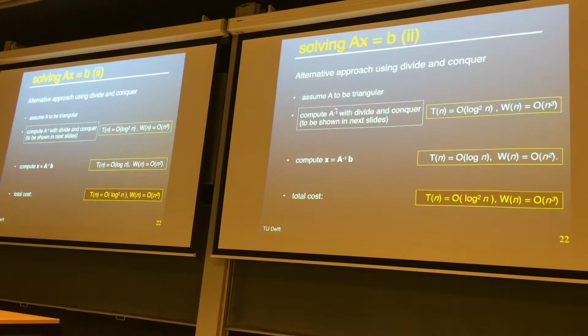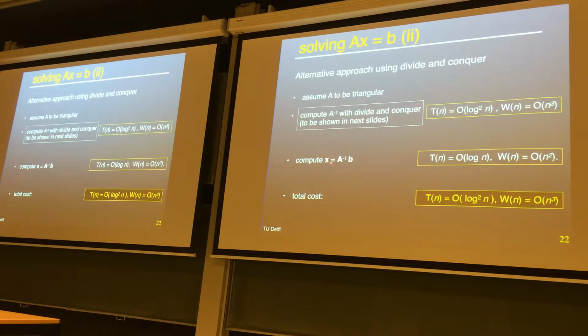First, we compute the inverse of A by a so-called divide and conquer method. We met it in one of the first lectures, and as I will show you in the next slides, that can be done in log square n amount of time and an O(n^3) amount of work.